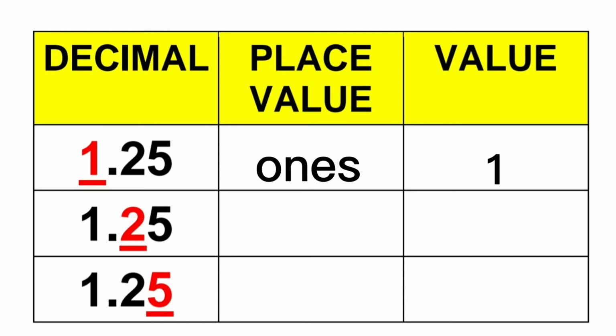The second underlined number, what is it? Jethro? What is it? 2. Okay, correct. And what is its place value? Rodney? Okay, tens. So what is its value? Who can answer? Okay, 2.